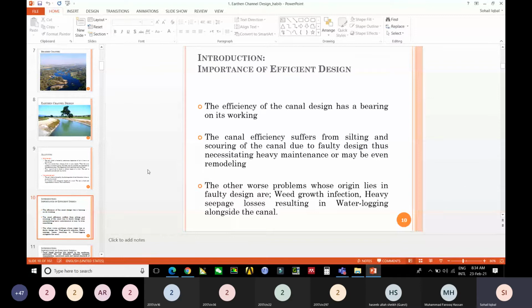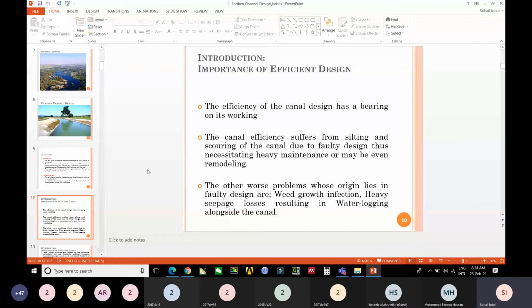When we design the canal, we have to consider these negative points. If we make a lined canal, or if you look at a canal, whether it is lined or unlined, we have also observed some weed growth.